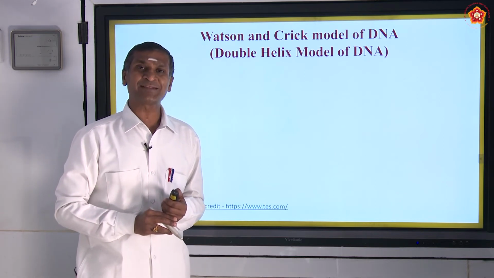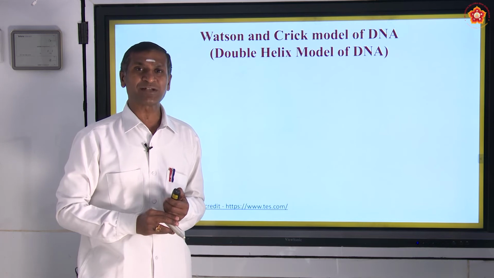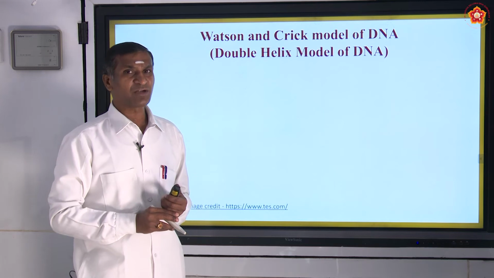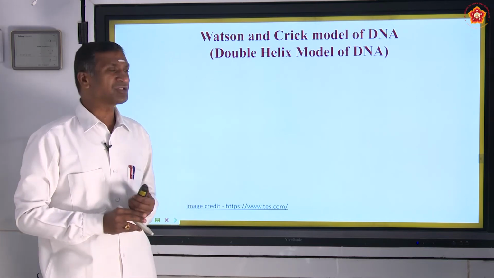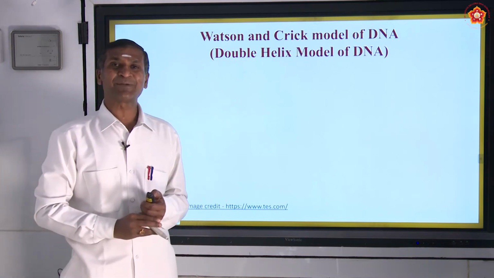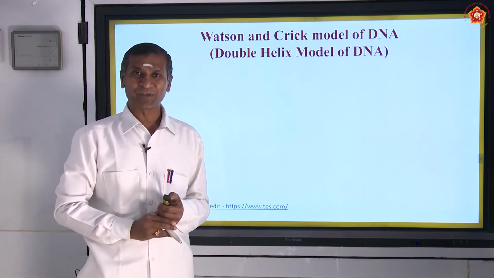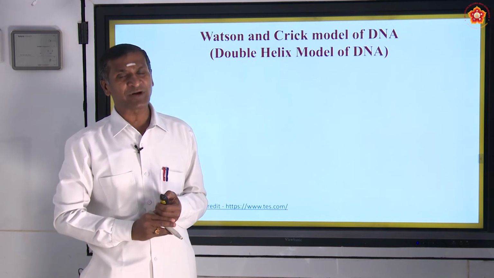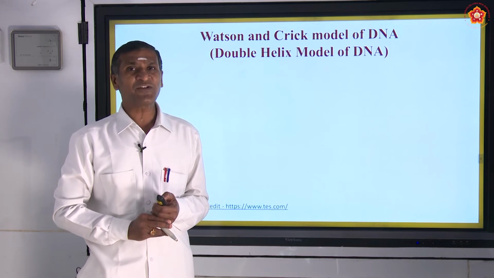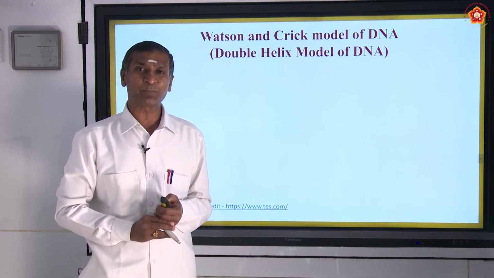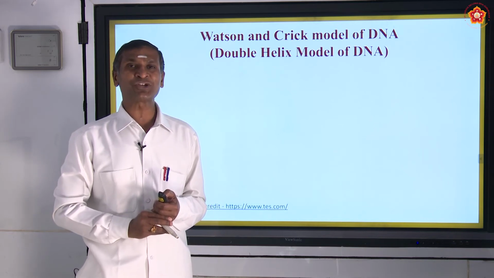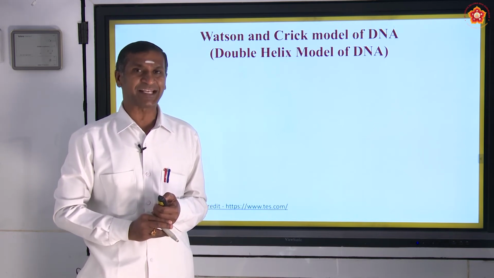This was standardized and brought to the world with the great efforts of Watson and Crick. Many other DNA models are available, but the scientifically accepted and proven one that has been standardized is the contribution of Watson and Crick.